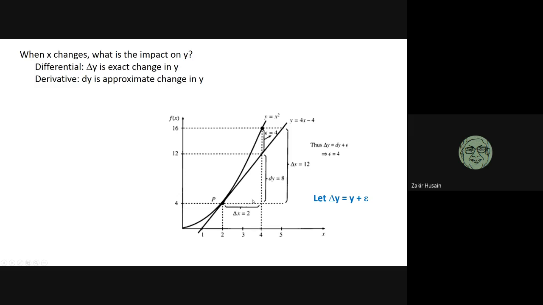Graphically, it's very easy. The change in y is from here, 4, to this point. This vertical line gives me the change in y, del y. And as you can see, this is 12.